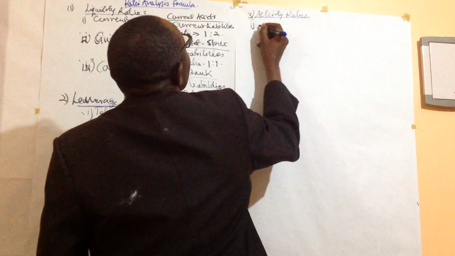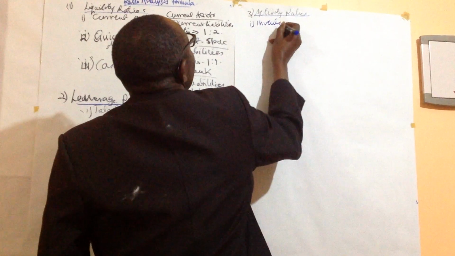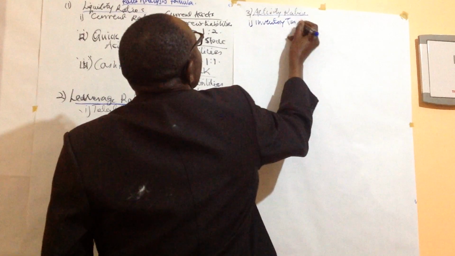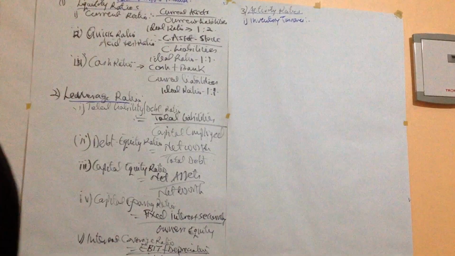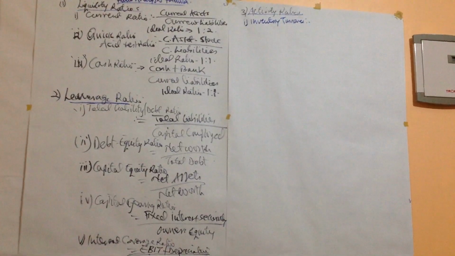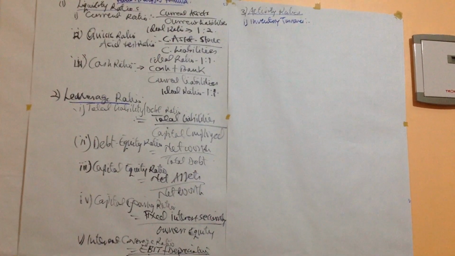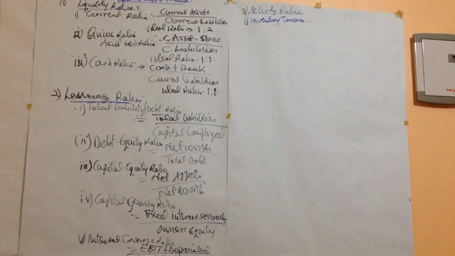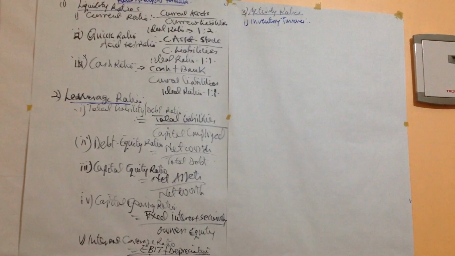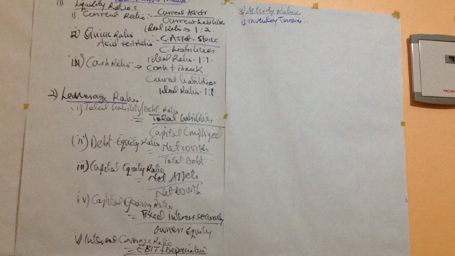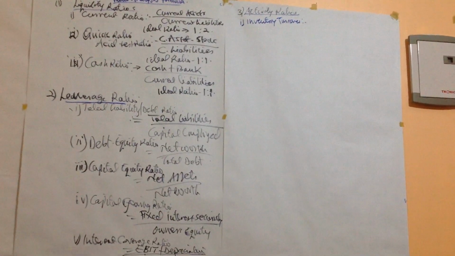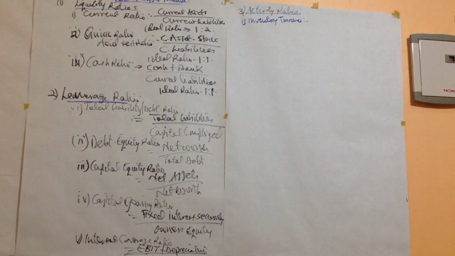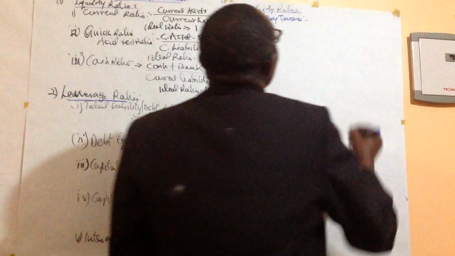We talked about this. And I said turnover is always sales, meaning we are relating the sales to the amount of stocks that you have. So here we talk of the cost of goods sold or the sales over the average stock.